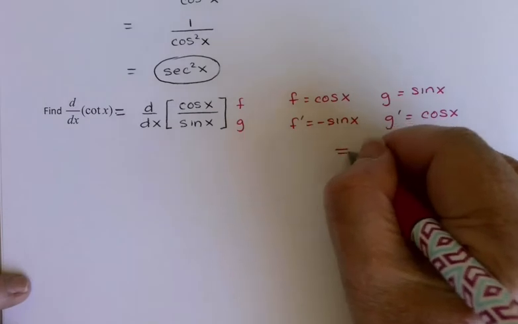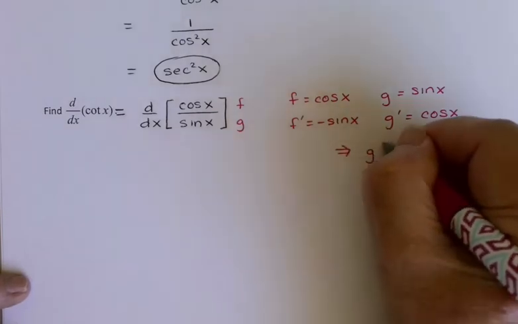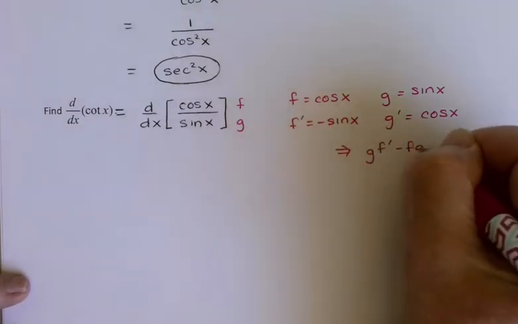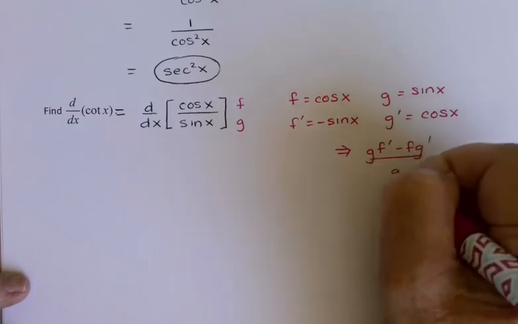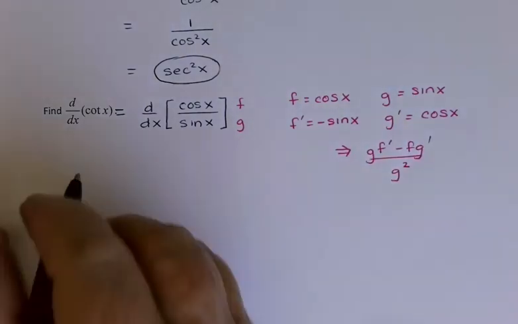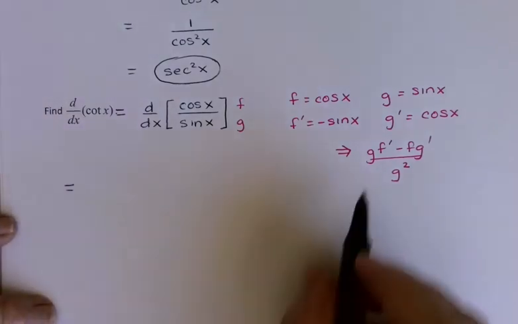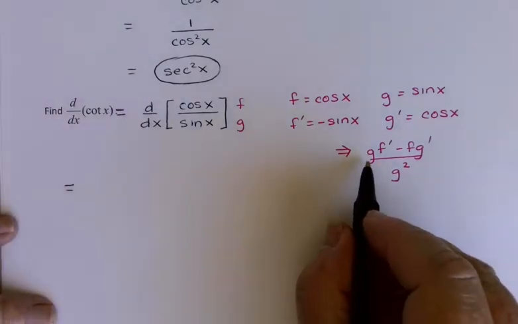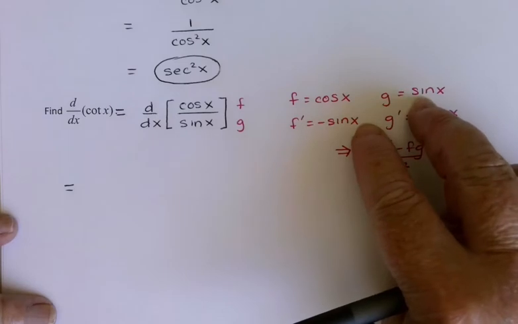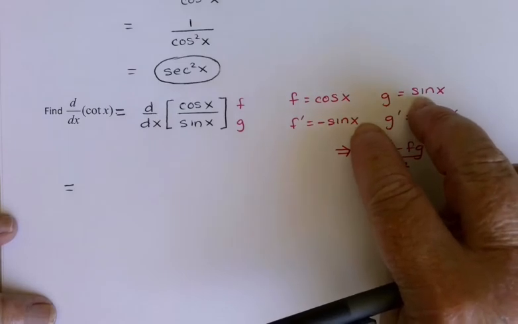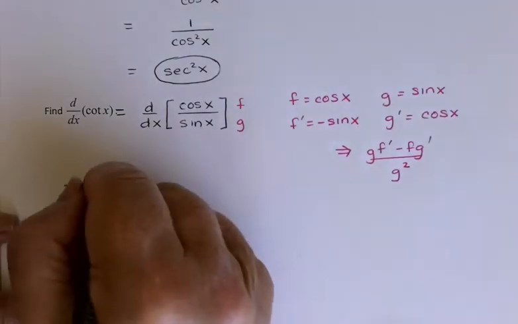Once again, I'm going to put all of this into my quotient rule form. And my derivative turns out to be g f prime. I'm going to take a little shortcut here. Multiplying g by f prime is just going to give me a negative sine squared x.